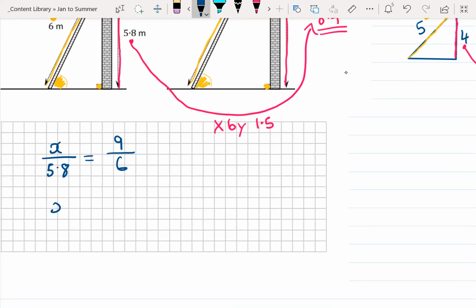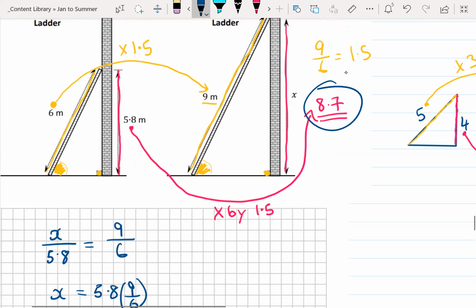We want to get x on its own, so we multiply both sides by 5.8. If you do this calculation on your calculator, 5.8 bracket, use the fraction button, 9 over 6, close the bracket, press equals, you get the same answer, 8.7. Same answer as we got up here.